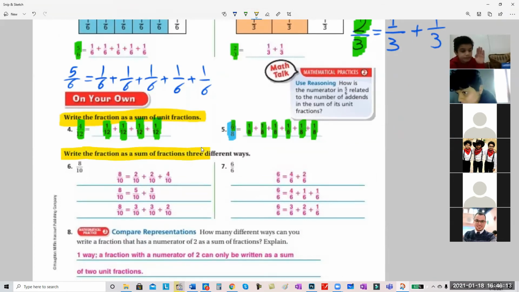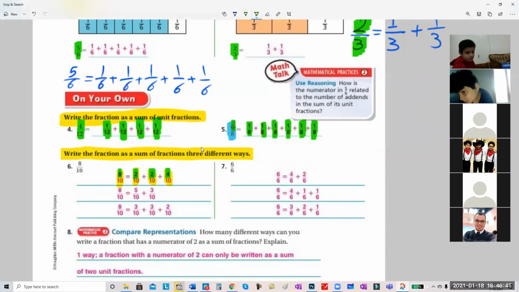Write the fraction as a sum of fractions in 3 different ways. I will tell you the 3 ways that I'm writing here, and then you will tell me another way. So we can write 8 over 10 as 2 over 10 plus 2 over 10 plus 4 over 10, because 2 plus 2 plus 4 equals 8, right?